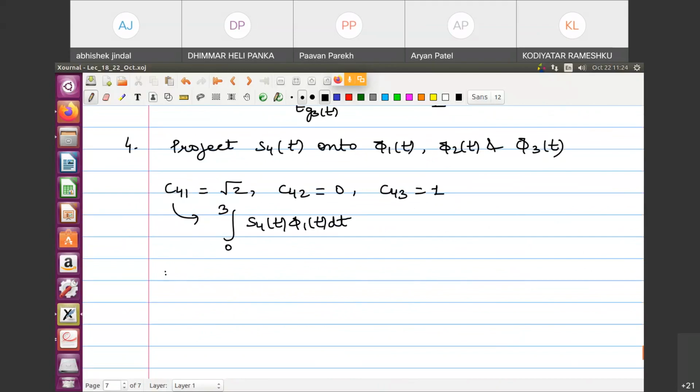So hence, your G4(t) would be S4(t) minus root 2 phi 1(t) minus, because this is 0, phi 3(t). Okay.